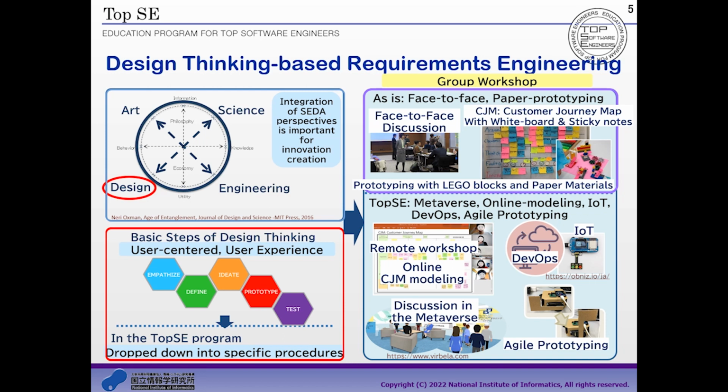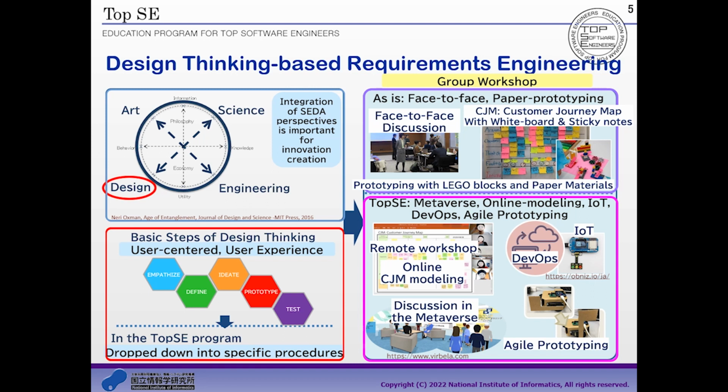Some may have doubt about whether a workshop can even be done with remote design thinking. As seen in the upper right corner of the slide, pre-COVID-19 workshops used face-to-face discussion, paper-based customer journey maps, and prototyping using Lego blocks and more. In the online format of the Top SE course, various ICT environments like those in the lower right are used to practice in a way that is more effective than conventional workshops.